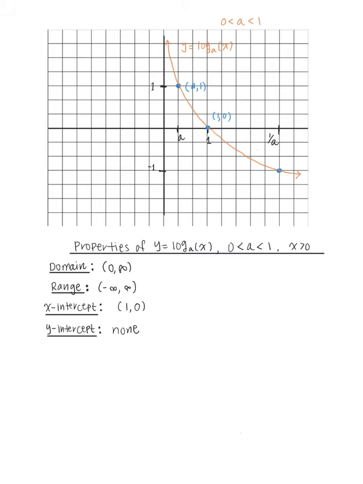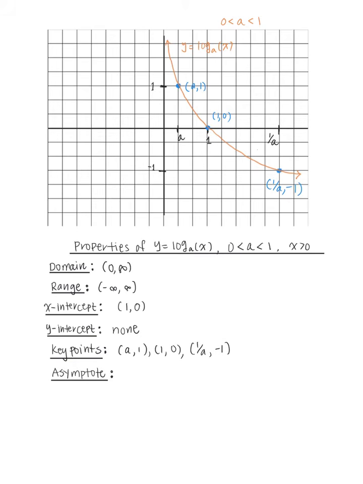And what's the next one? Key points. Again, those are a comma 1, 1 comma 0, and then 1 over a comma negative 1. I think I forgot to write that on the graph, so let me just do that. So this point is 1 over a comma negative 1.